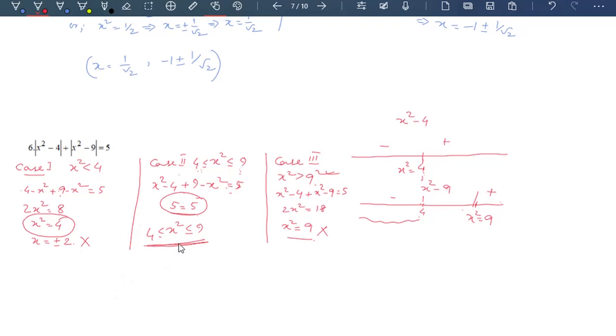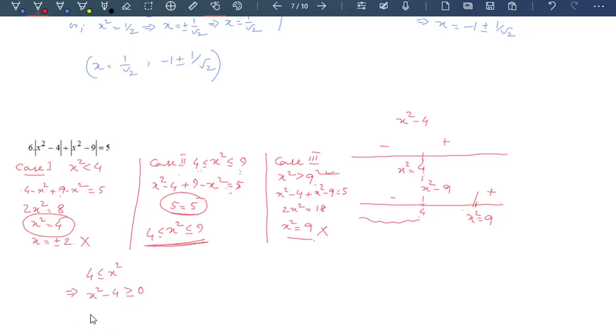Now this is giving you one inequation. 4 is less than or equal to x square, so that means x square minus 4 is greater than or equal to 0.